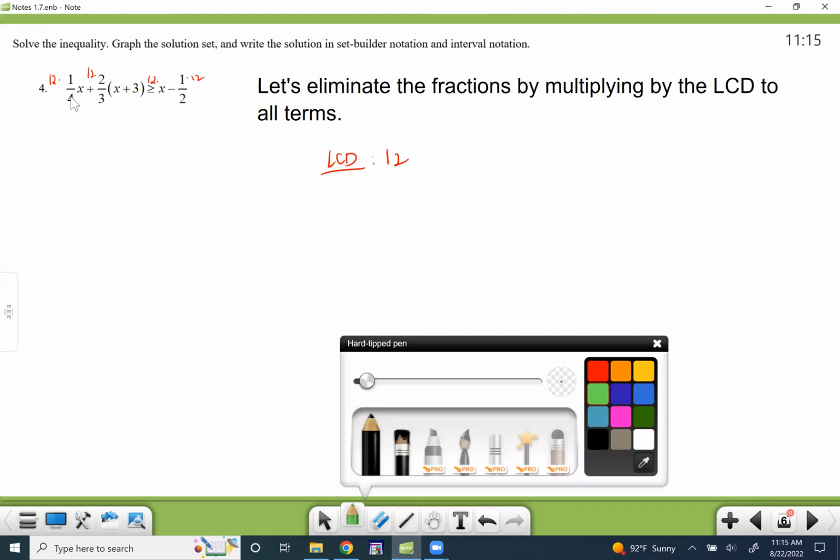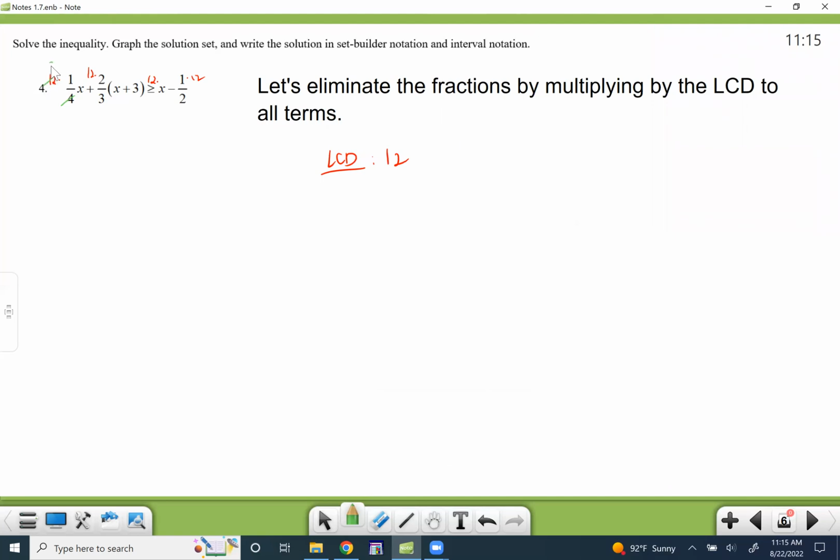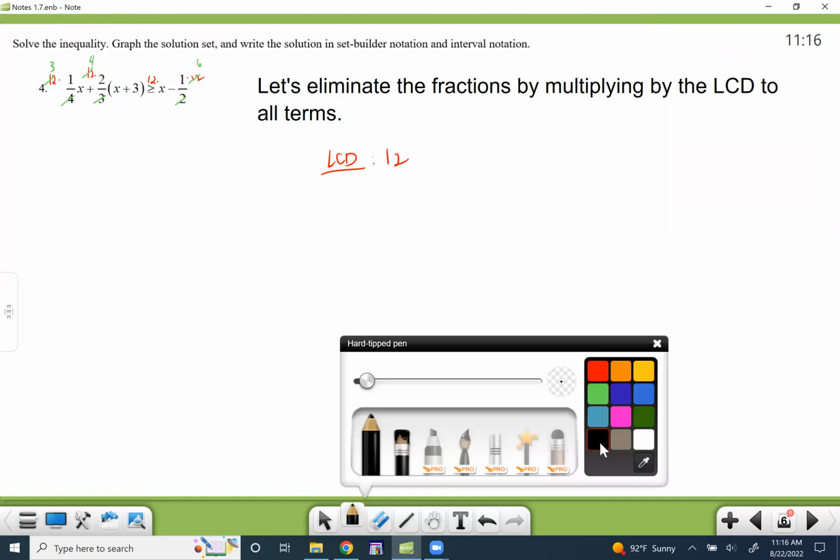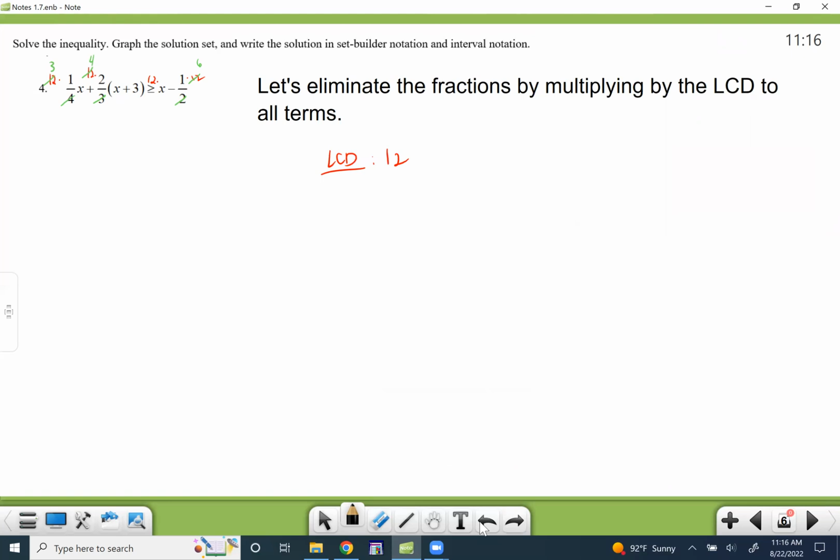All right, let's go ahead and do some canceling. 4 goes into 12 3 times. 3 goes into 12 4 times. 2 goes into 12 6 times. We have no more denominators, folks, so we no longer have fractions. So we're going to multiply the leftovers. So we have 3 times 1, right? Don't forget your x. Then we have 4 times 2, which is 8.